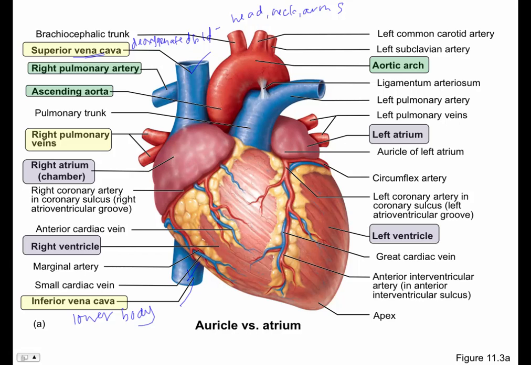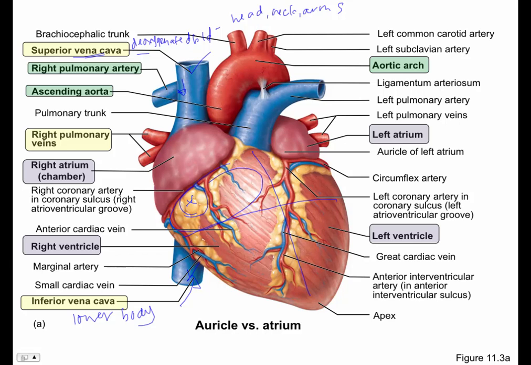Both of these feed into the first chamber of our heart, which, if you can imagine a cross section that looks just like this, is our right atrium. So deoxygenated blood feeds into this right atrium.